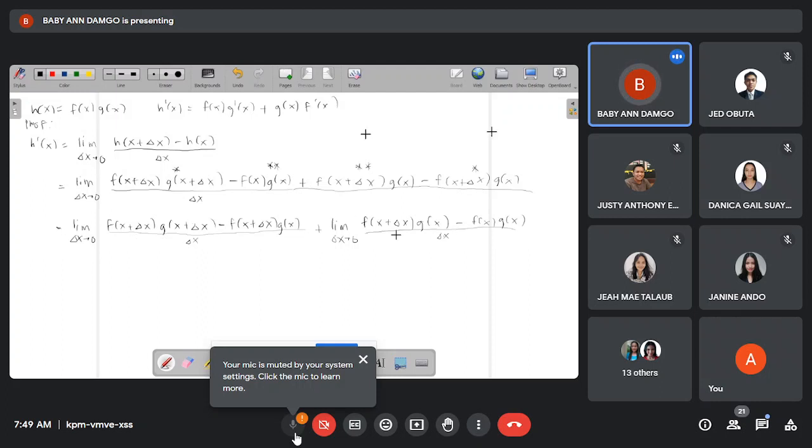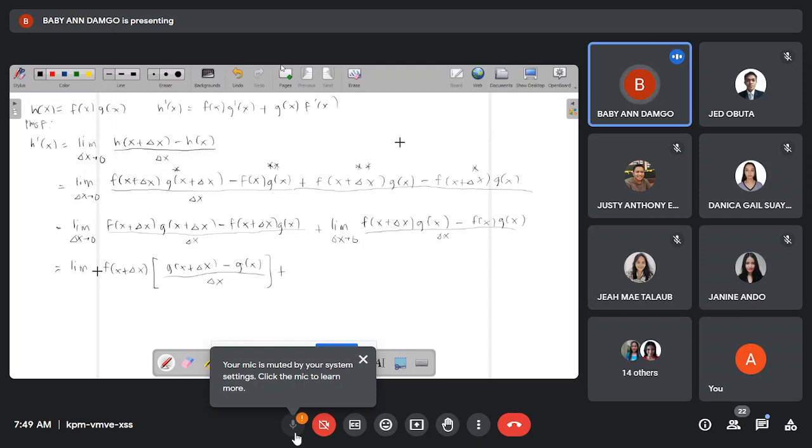Okay, we can do this because the limit of the sum is the sum of the limits. Okay? So next, we can factor out f of x plus the change of x. So this is f of x plus the change of x times, what remains is g of x plus the change of x minus g of x all over the change of x.